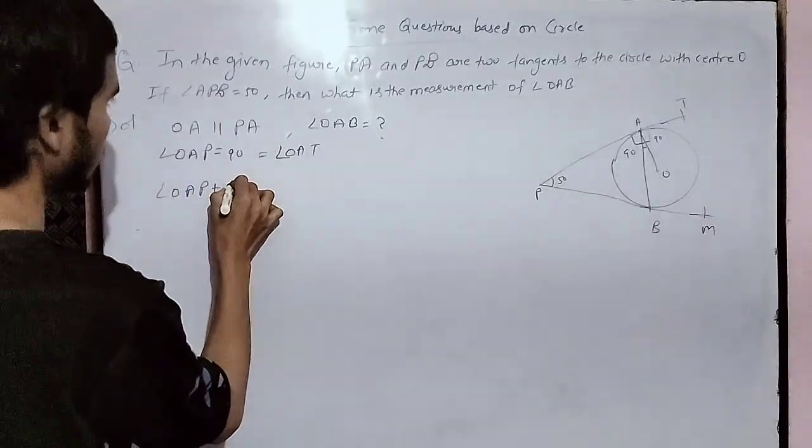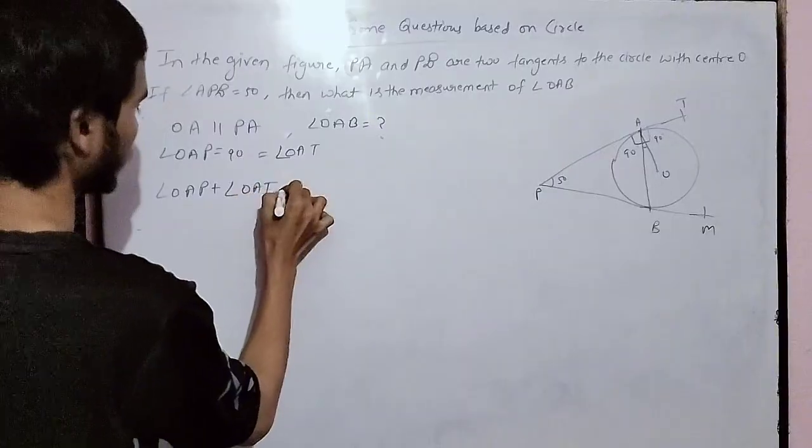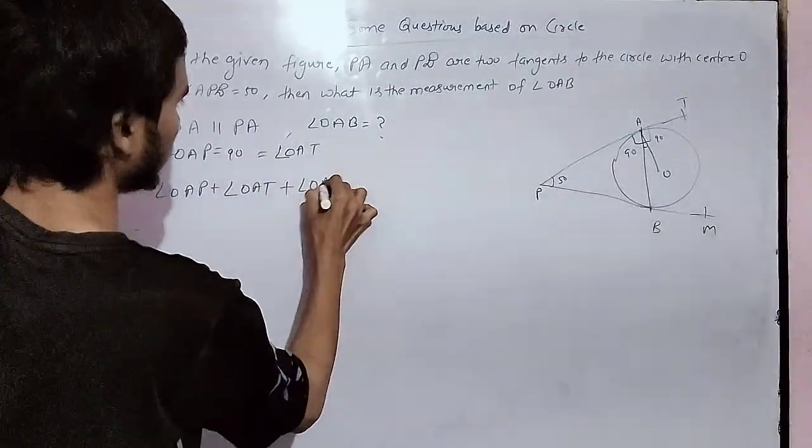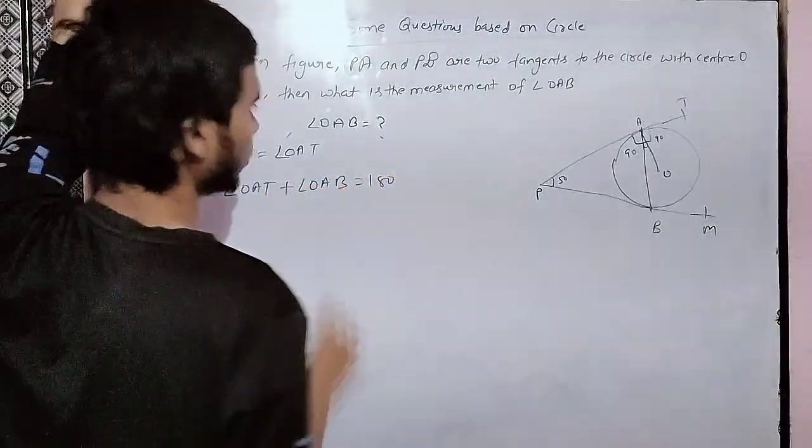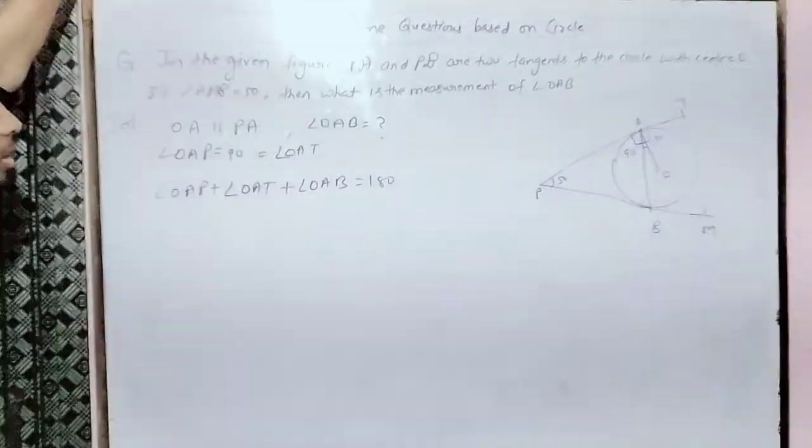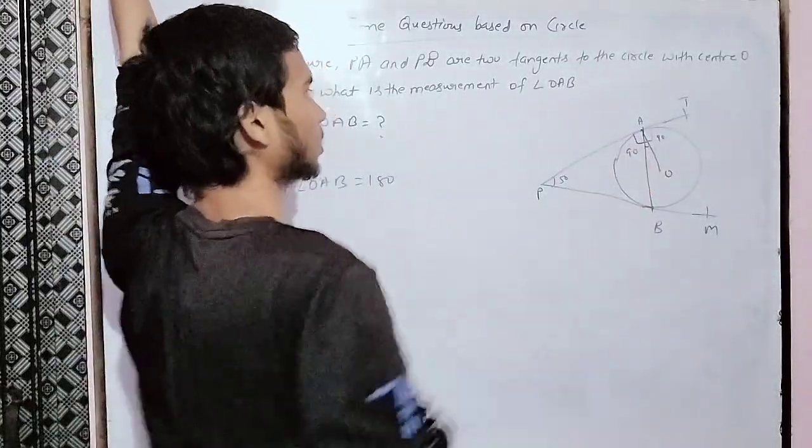So we can say angle OAP plus angle OAT plus angle OAB is 180 degree because of linear pair.